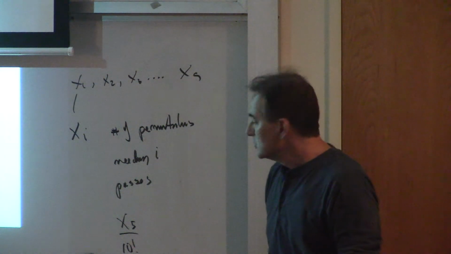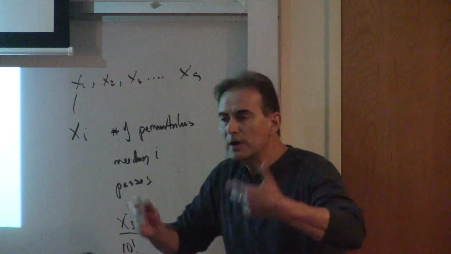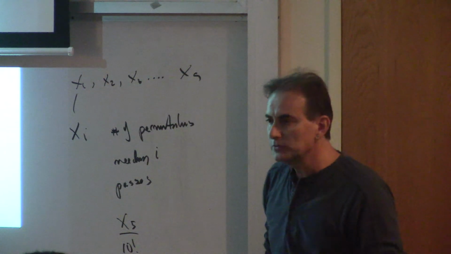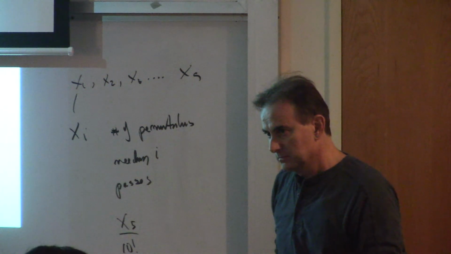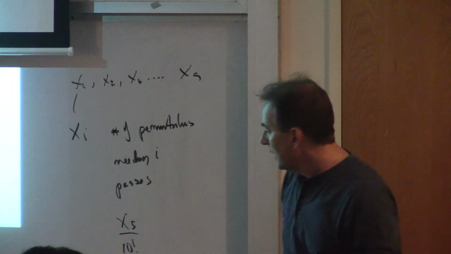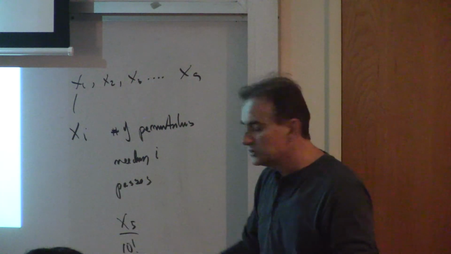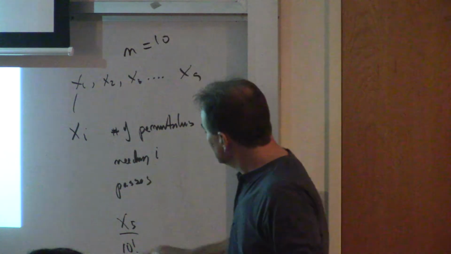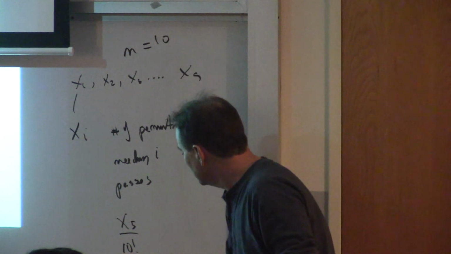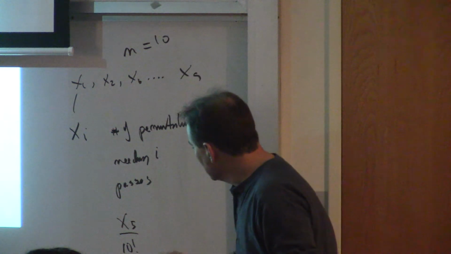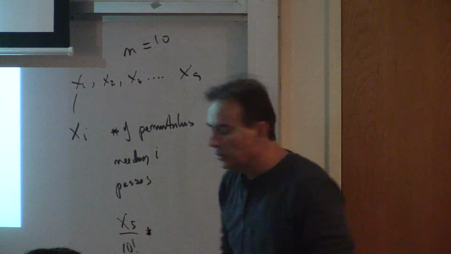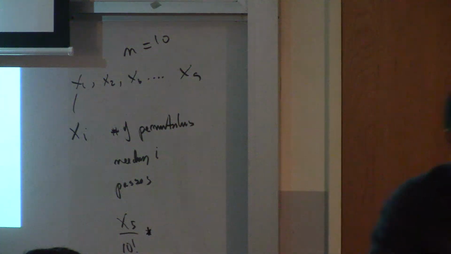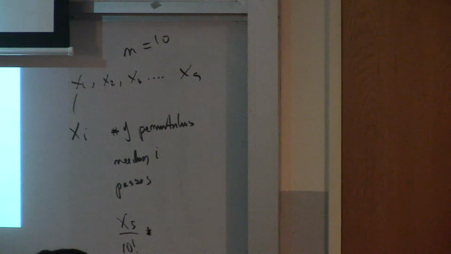Suppose I have one of those permutations. How much work is being done using n equal to 10? This is the probability, I'm going to call it PR. We're going to multiply this by the amount of work being done if you do in fact have that. What is the work that you will do if you have 5 passes necessary?